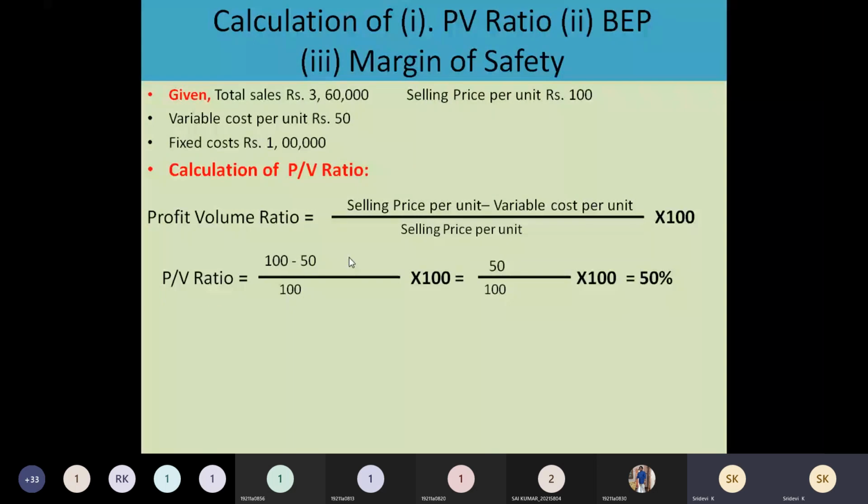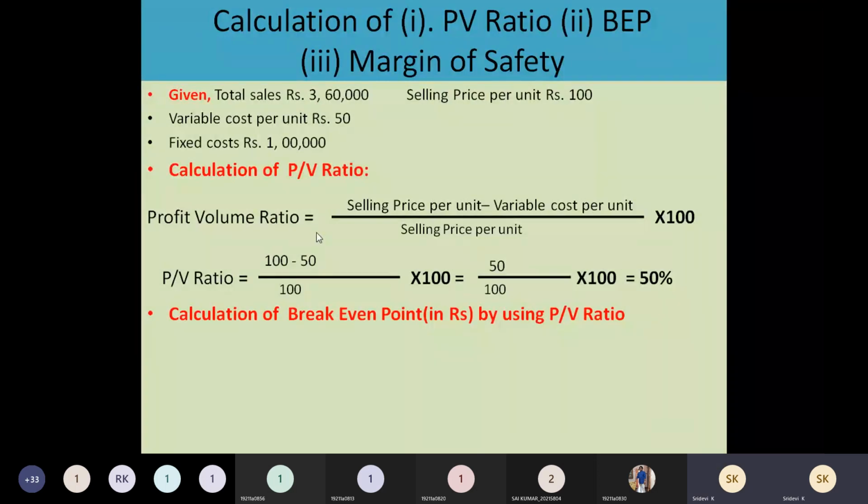And next you calculate BEP by using the PV ratio itself directly. Otherwise, because we have contribution per unit and selling price per unit, you can also use that. But I am using PV ratio here. Because I am using PV ratio, you will obtain the BEP in rupees.